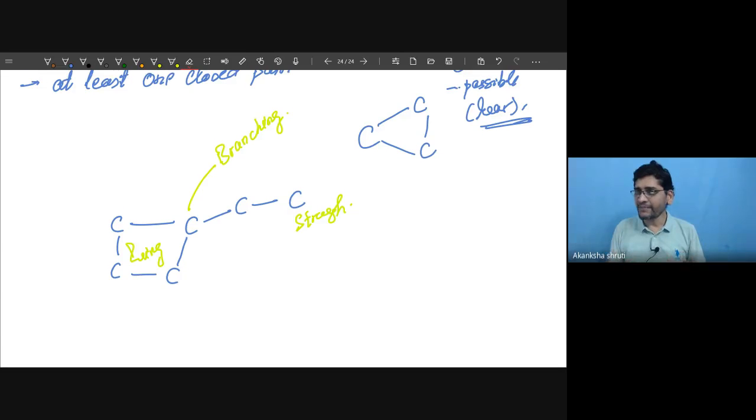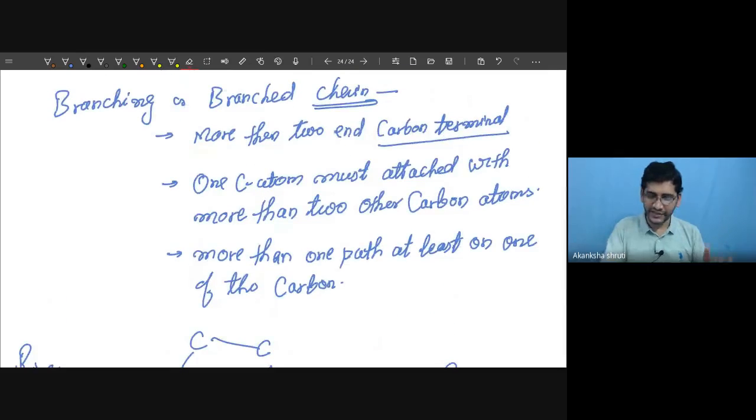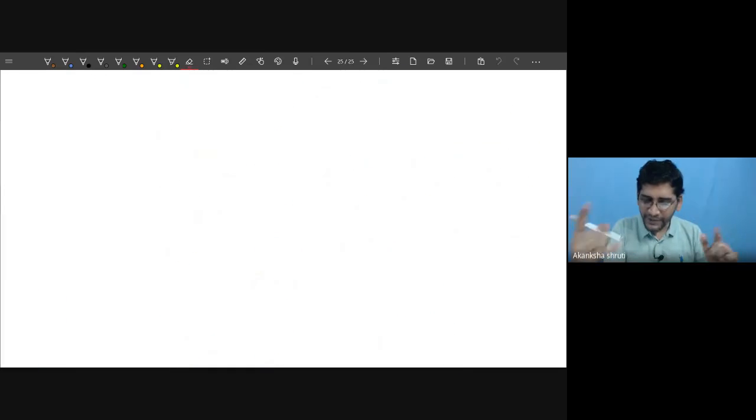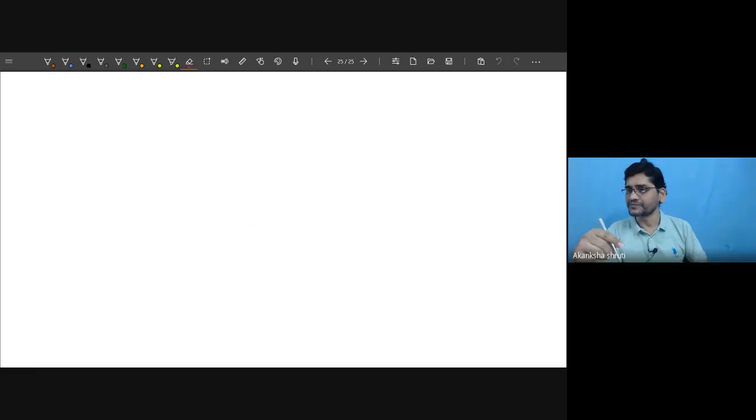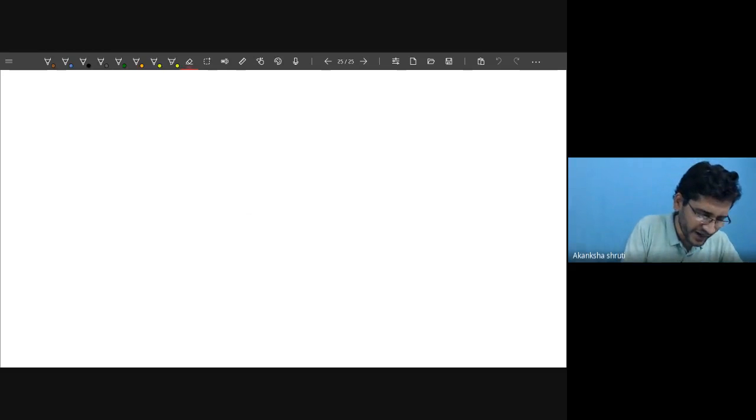Now, this way we have observed different kinds of structures are possible by combining the carbon. But how does the carbon combine? How many bonds can it form? To satisfy that, the concept of tetravalency, or the property of tetravalency, has to be kept in mind.